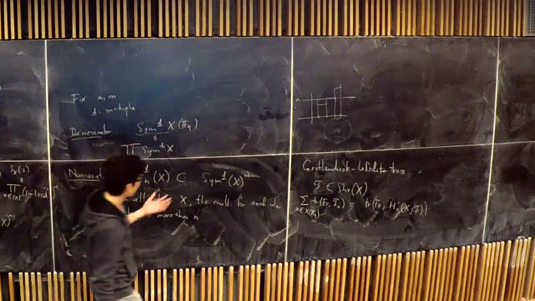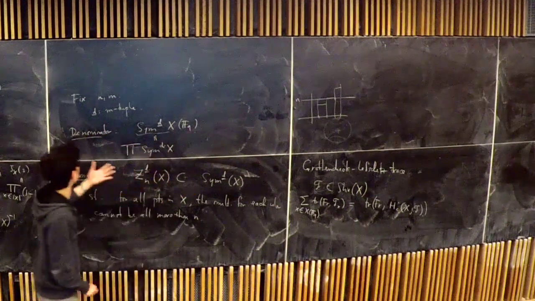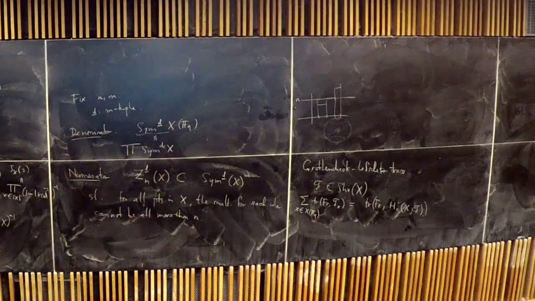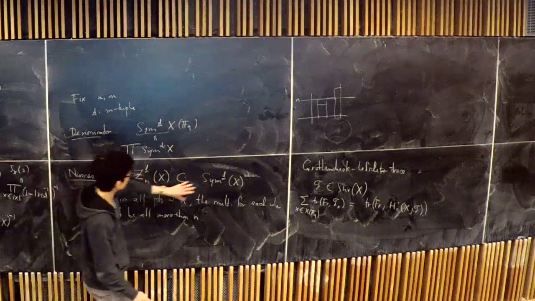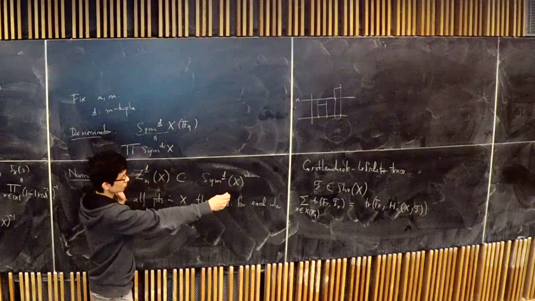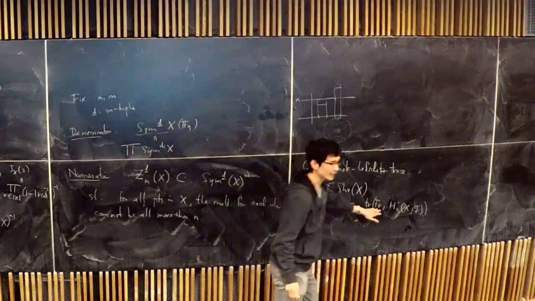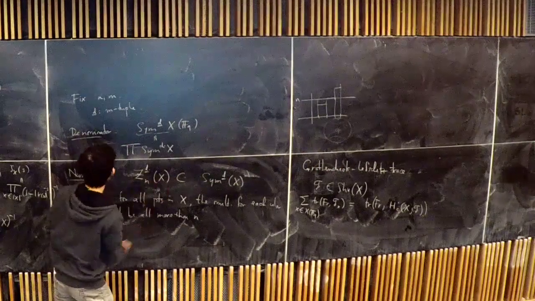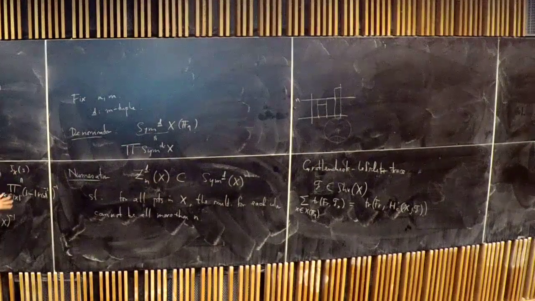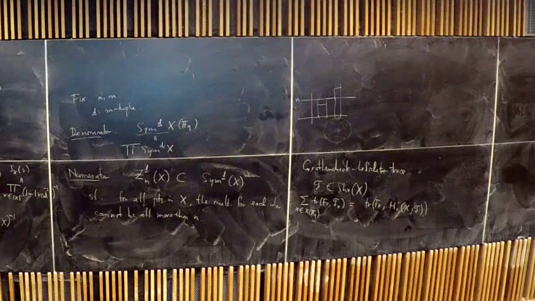So we may want to ask, for example, we can look at the cohomology of these spaces, Z D N or Sym D. We have some chain complex with Frobenius action, and can we produce some sort of new chain complex that captures these coincidences that we see in this picture?